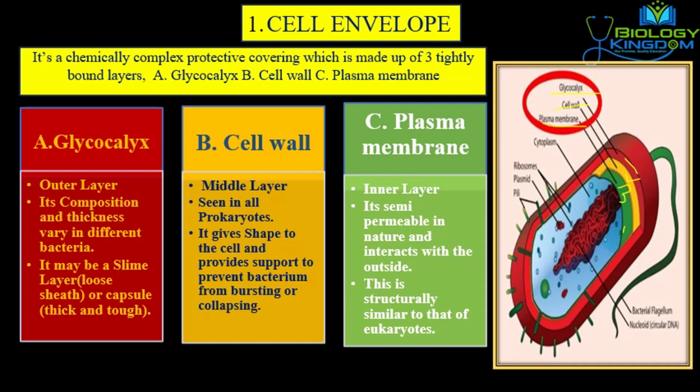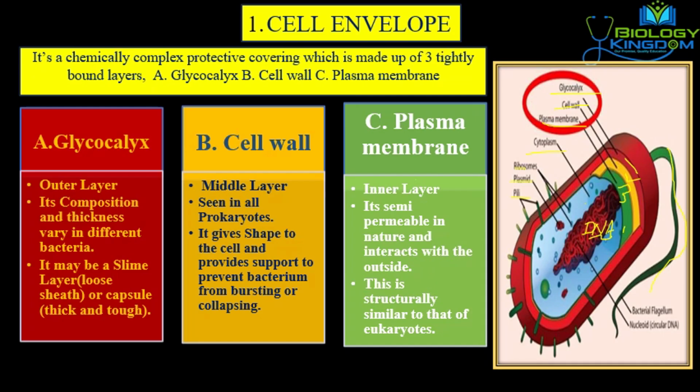As I have just discussed, this liquid is cytoplasm, and the remaining structures: this is the DNA, then these hair-like projections are pili, and this tail-like structure is your bacterial flagellum, ribosomes and plasmid.